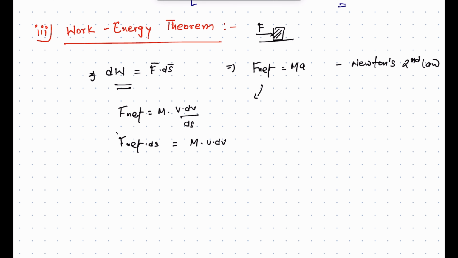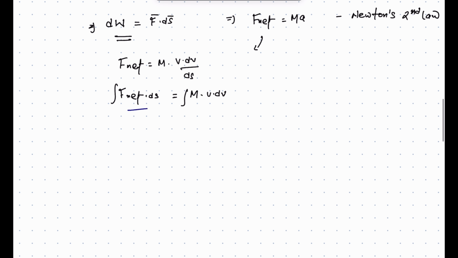Now let's integrate both of these sides. Tell me what is this? This is our net work done. Because it is net force, and we are doing this integration with the displacement, this becomes the net work done. It means work done by all the forces acting on the object is equal to, now mass is constant so we can take it out, and v dv becomes v squared divided by 2 from initial velocity v1 to final velocity v2.